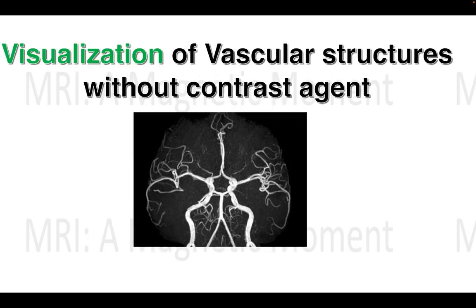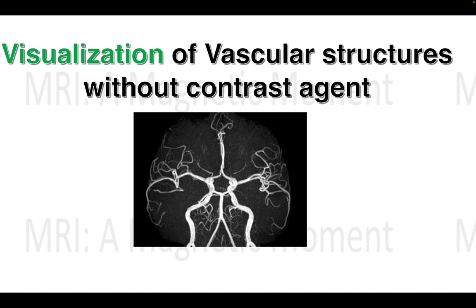Right. Another great advantage of MRI is that without introducing IV contrast like gadolinium, we can still visualize the arterial and venous system, like the circle of Willis in the brain, the aorta in the chest and abdominal cavities, and the carotid arteries that carry blood into the brain.